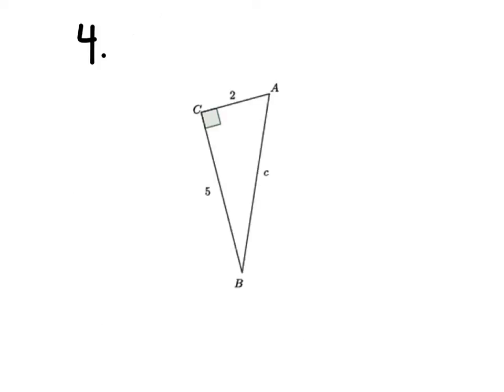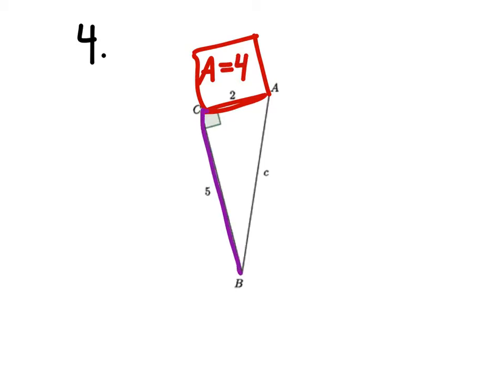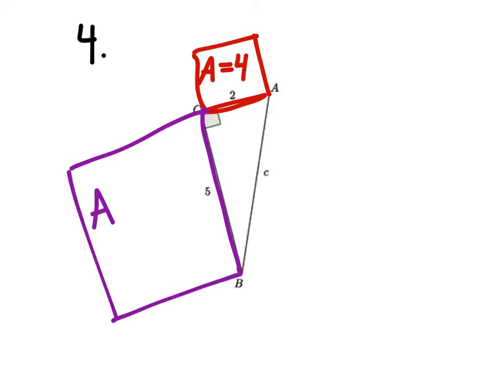Alright, I'm going to use the same method as the last one. I've got this length right here, which is a leg. If I make it a square, then it would have an area of 2 times 2, which is 4. Then I got this leg, and if I make a square out of it, something like this, then its area is 5 times 5, which is 25.